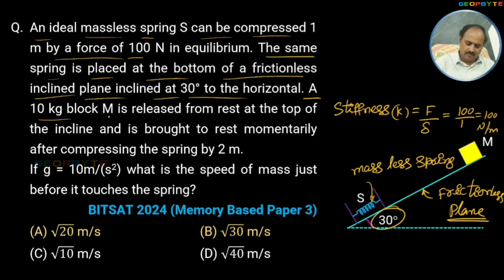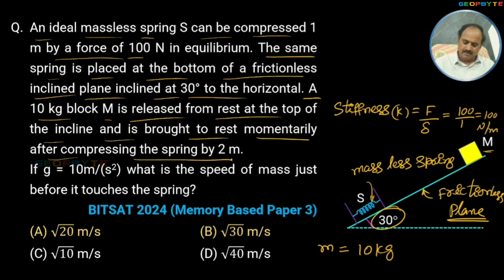A 10 kg block M is released from rest at the top of the incline and is brought to rest momentarily after compressing the spring by 2 meters. g is given as 10 meters per second squared.